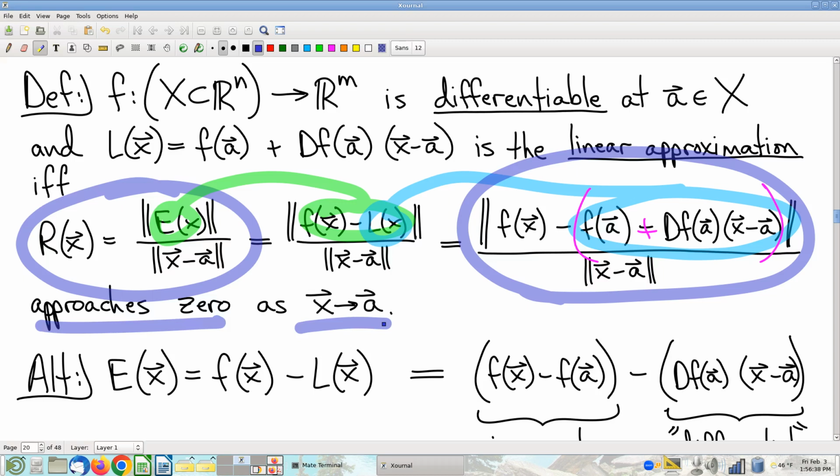So this is the definition of what we call differentiability. This is what it means to have a function that is truly well approximated by its linear approximation. Said differently, this is what it means for a function to have a good linear approximation.